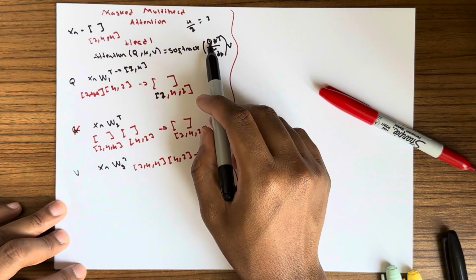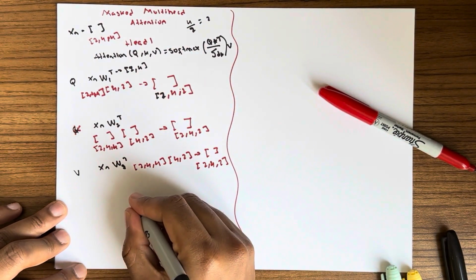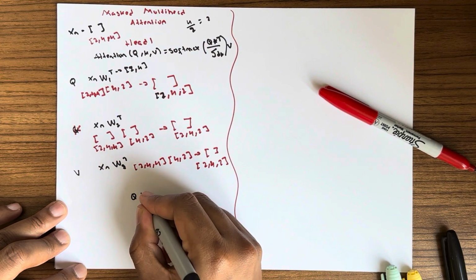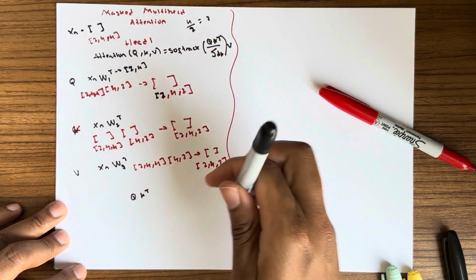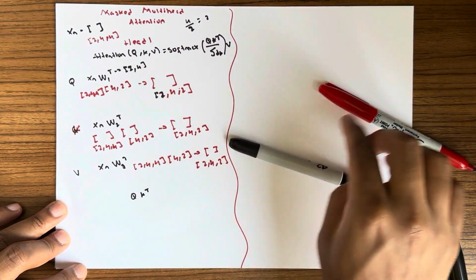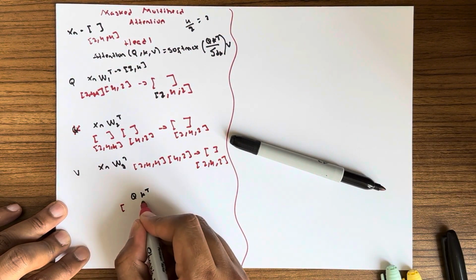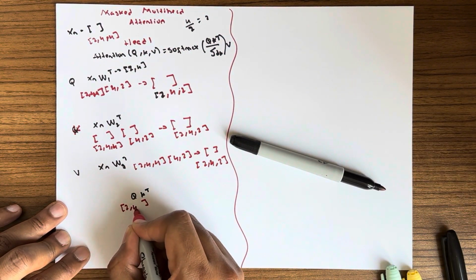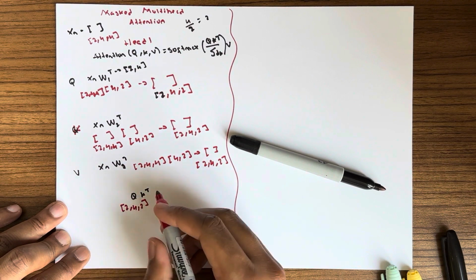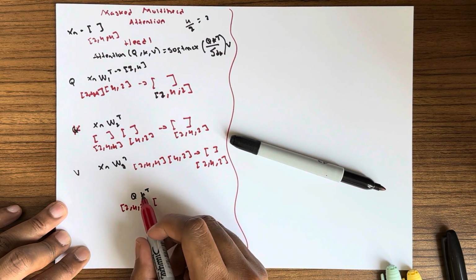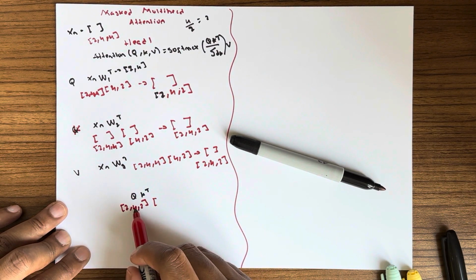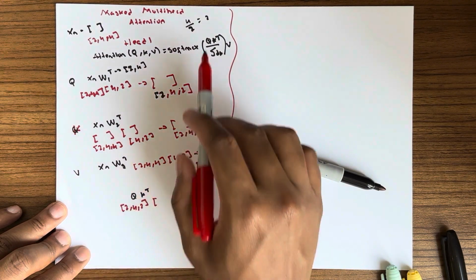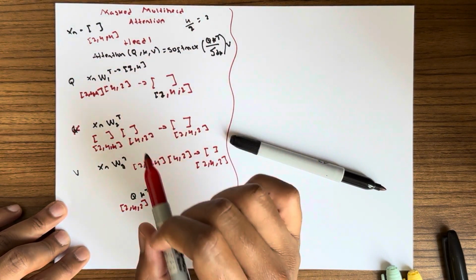Now we need to compute query times key transpose. Query has dimension 2 by 4 by 2. Remember, this is batch size, this is block size, and these two came from the head size that we computed here.